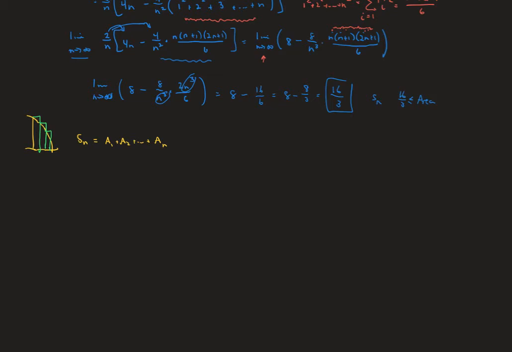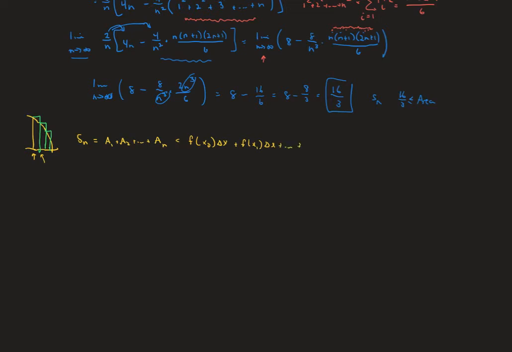As we look at that first rectangle, we're going to get the function evaluated at x sub 0 in this case, and then times delta x for the width. And then for the next one, we're going to plug in that x value, which I'm going to call f of x sub 1 delta x.